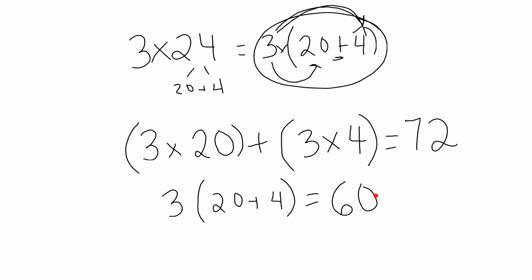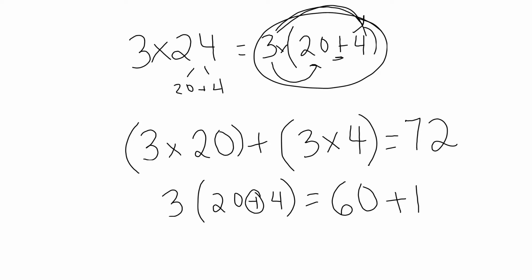And then we have to do our plus sign, because that's right here. And then we have to distribute our 3 times, the parentheses right next to the number means times, 3 times 4. So 3 times 4 equals 12.